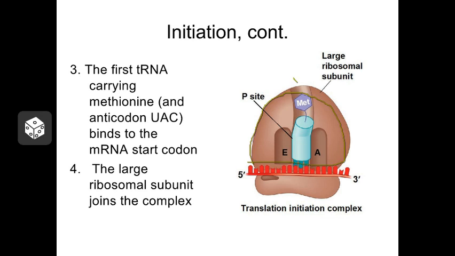It'll position itself so that the first tRNA is in the P site, and so that the first amino acid on top is sticking out of this slot on the top. At this point, the translation initiation complex is complete, and we're ready to go into phase 2.